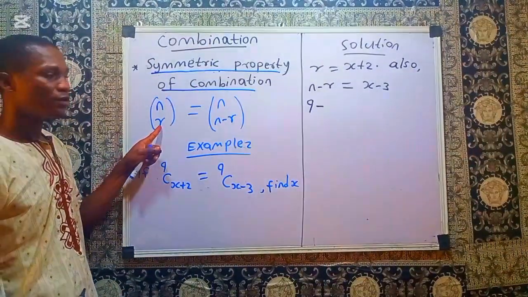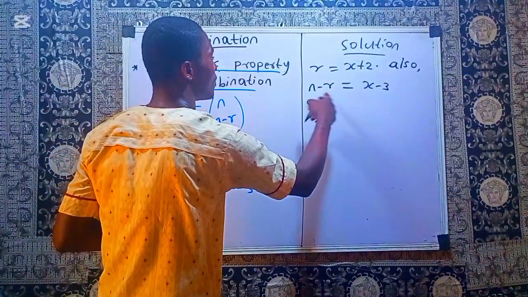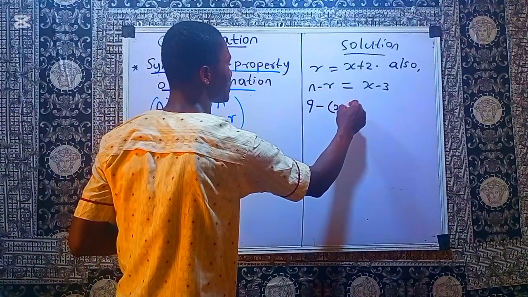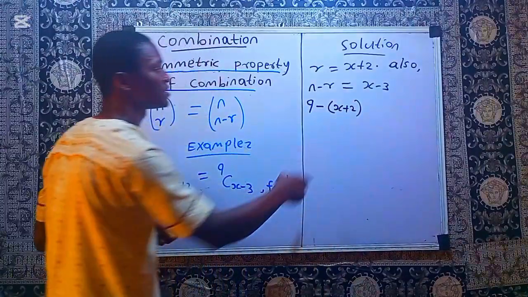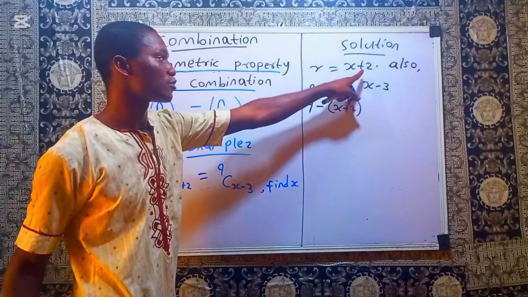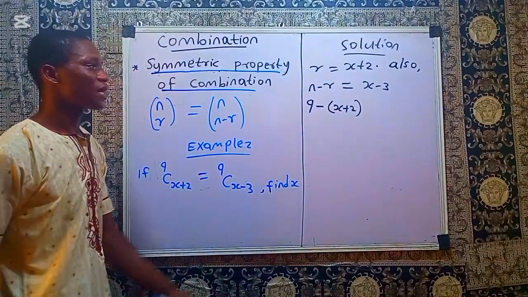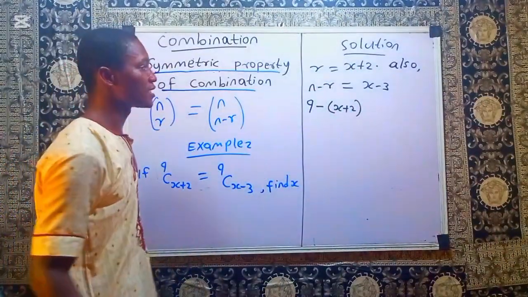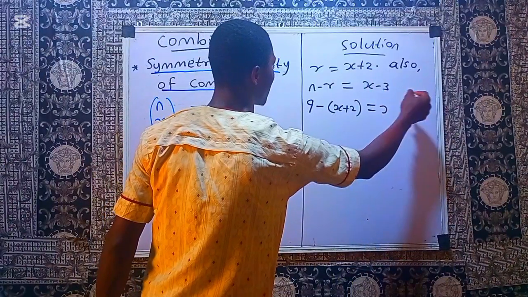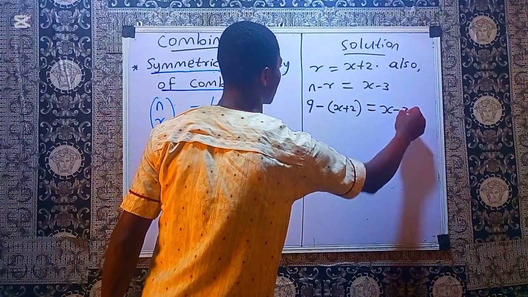So I'm doing n minus r, so I will do 9 minus x plus 2. I'm putting it in brackets because r is two quantities, x plus 2, so that later I will use this minus to open the bracket. Then I have equal to, and at the right hand side x minus 3.